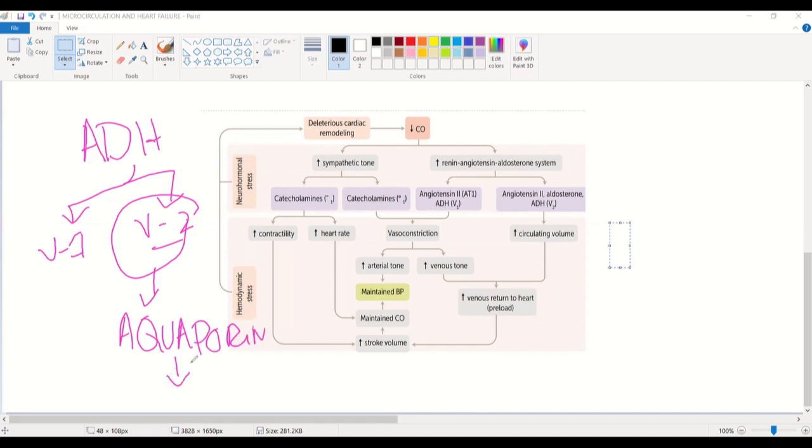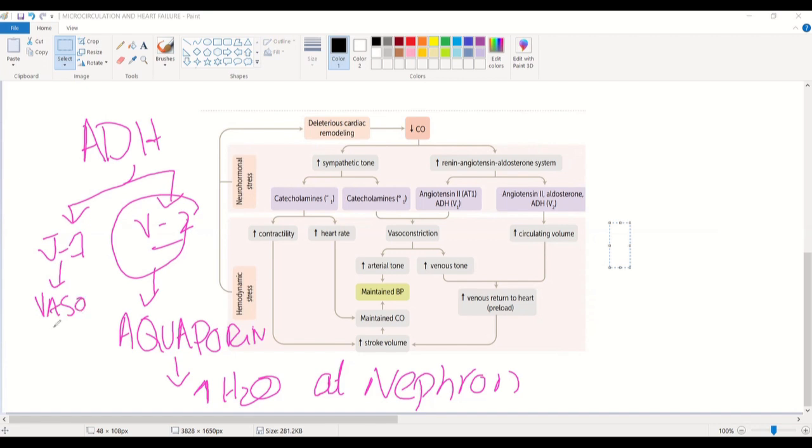This aquaporin channel increases water reabsorption at the nephron, right? When it works through the V1 receptor, it leads to vasoconstriction. So another name of ADH is vasopressin.